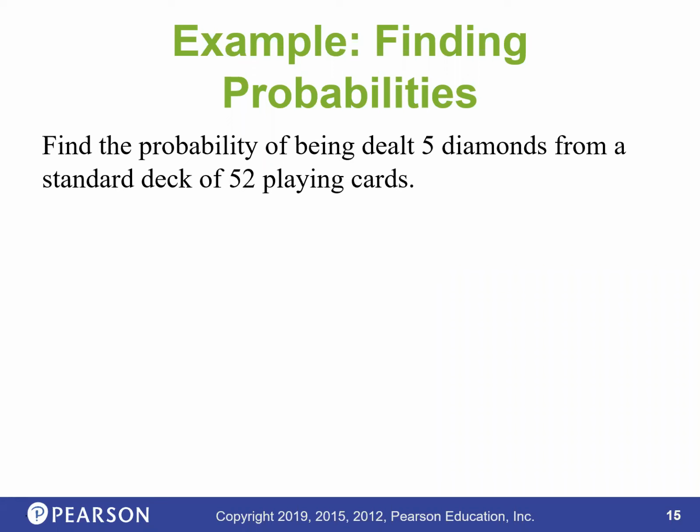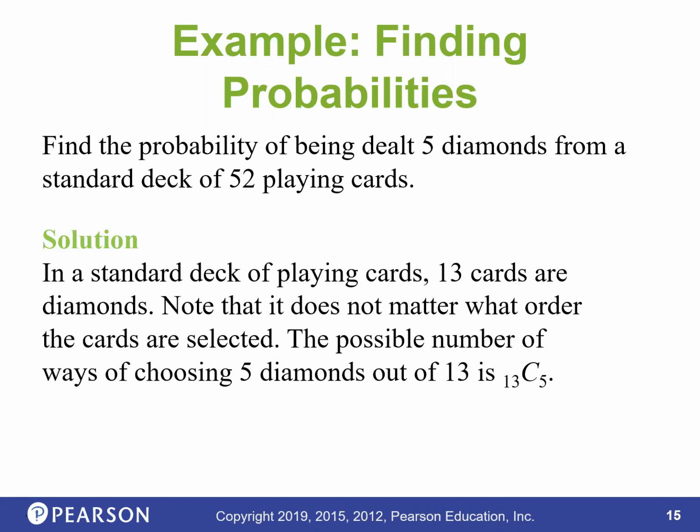It doesn't matter if I'm handed diamonds in the first round, the second round, or the third round. So it should be a combination: 13 choose 5, or 13 nCr 5. Can we get that one? Find me 13 nCr 5.